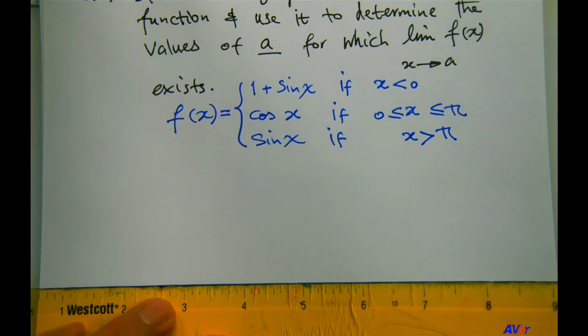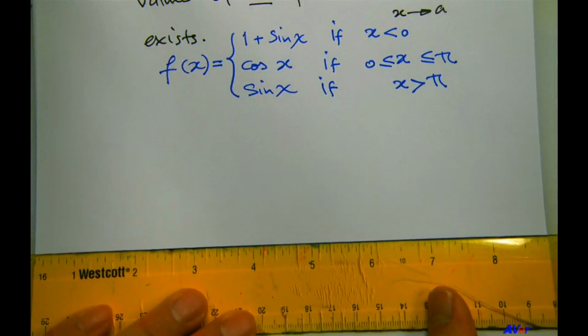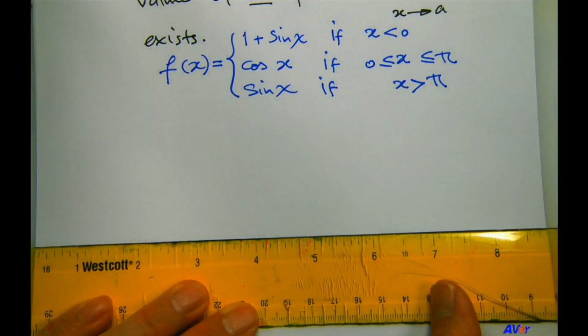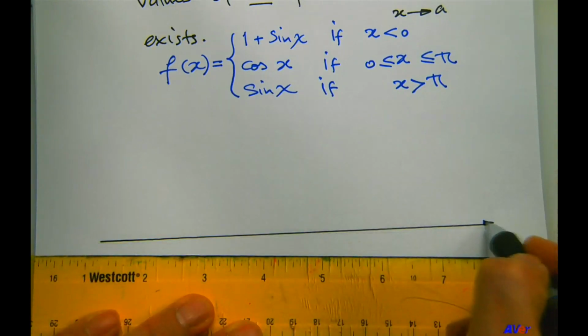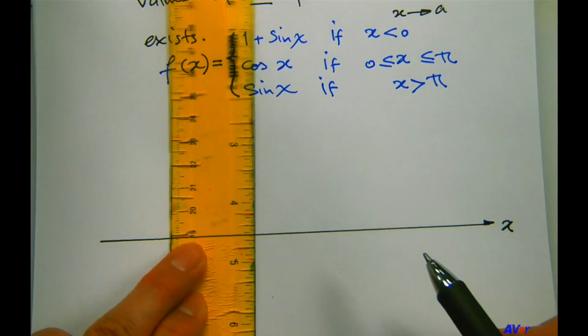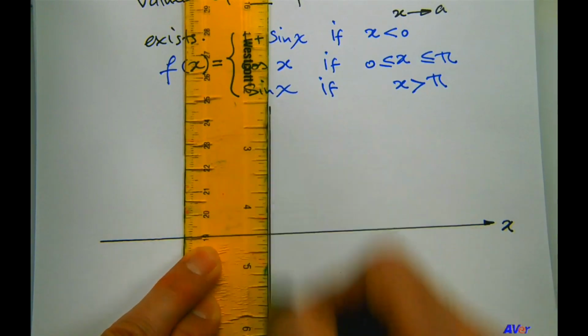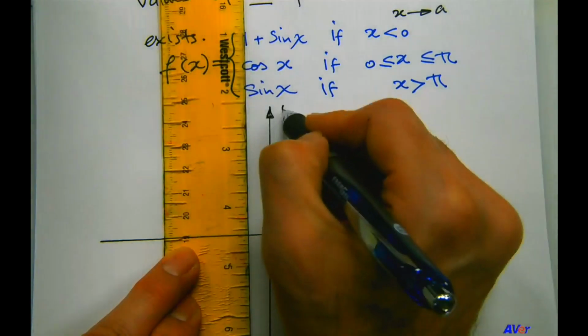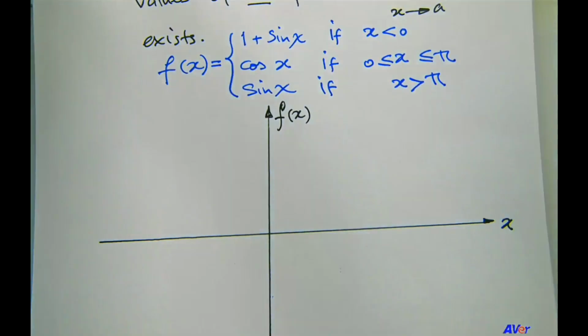So here are our axes, first of all. We have the x-axis, then we have the y-axis, or f of x and x. With my pencil, let me draw guidelines here.